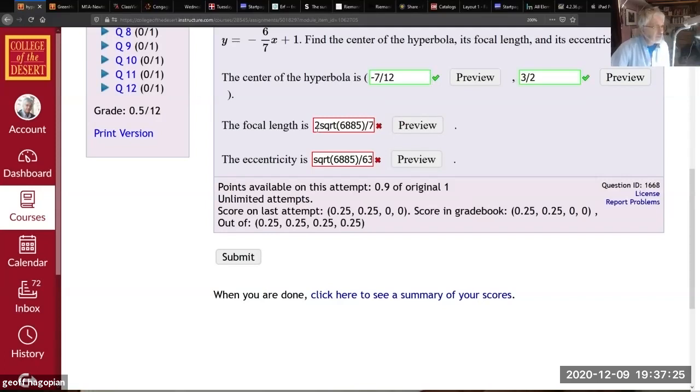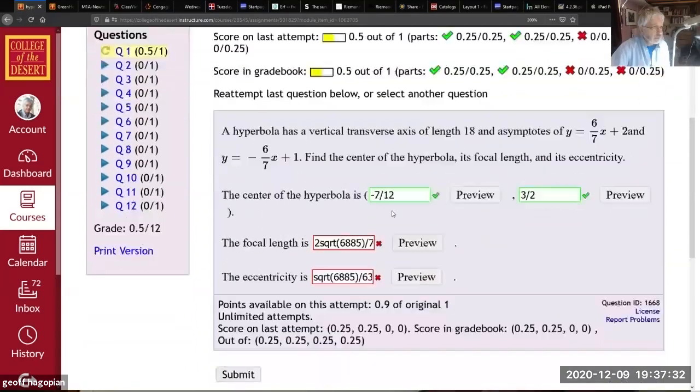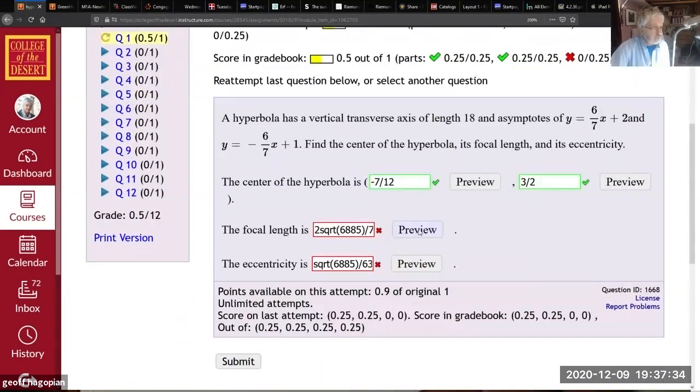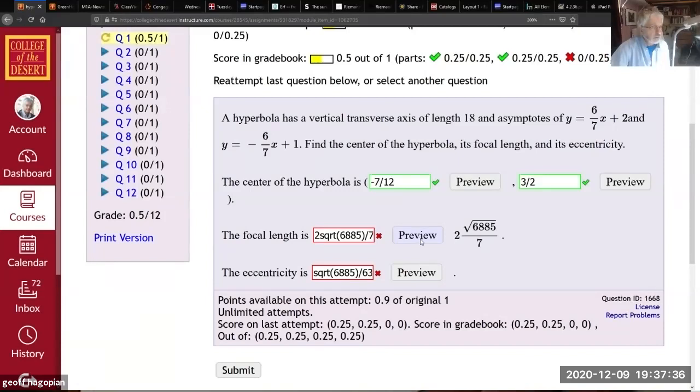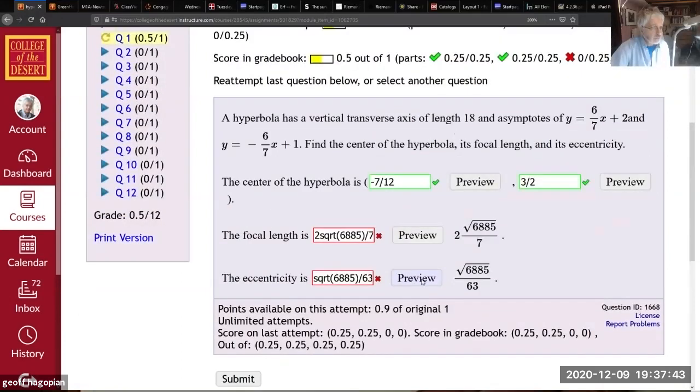Yeah, so twice C is the focal length, right? We're talking about a hyperbola here. And this is C over A, which multiplying C by the reciprocal of A is going to give us the square root of 6885 over 63.